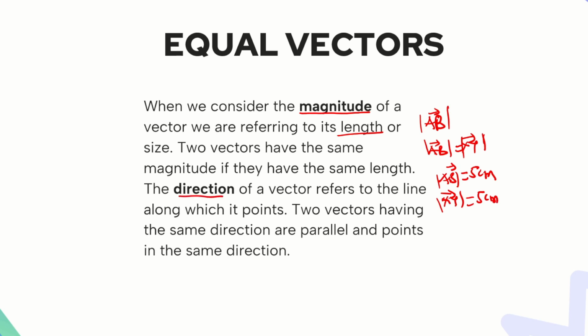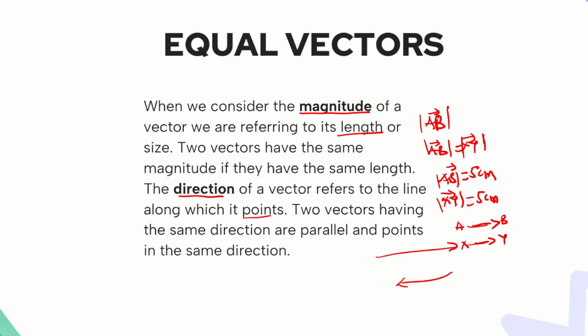But the direction of a vector refers to the line along which it points. So does it point in this direction, or does it point in the opposite direction? Two vectors having the same direction are parallel. So if you have a vector from A to B pointing towards this direction, and a vector from X to Y pointing towards this direction, then it means that AB and XY are equidistant to each other.